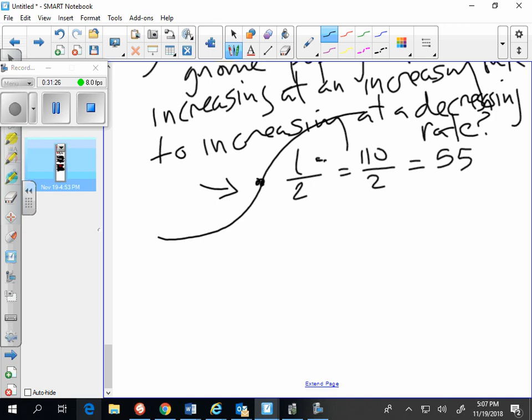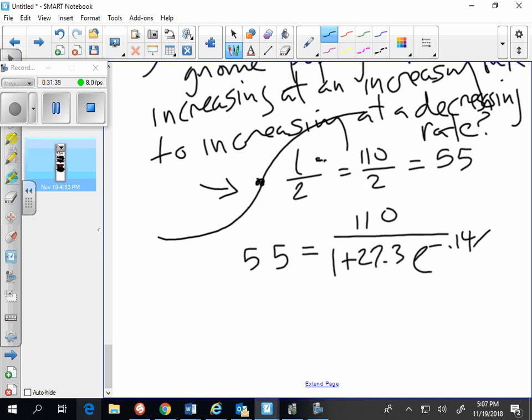So at this point, my recommendation was that you take 55 and set it equal to our gnome population model, and either algebraically solve this for x, or graph 55 in y1 and the logistic model in y2, get them graphing on the same viewing window, see the point of intersection, and do second calculate intersect.